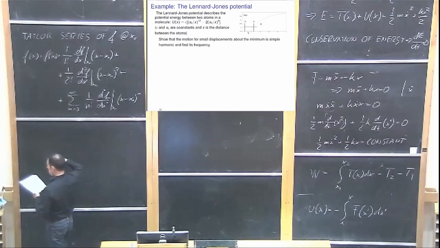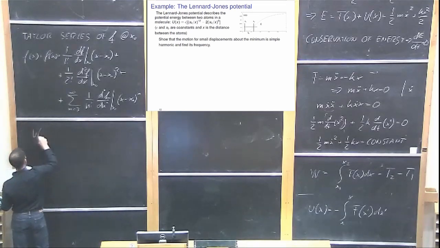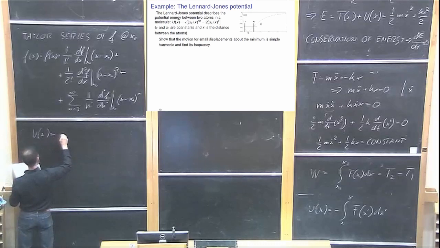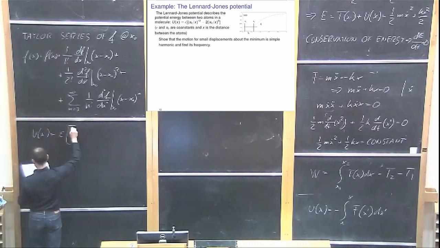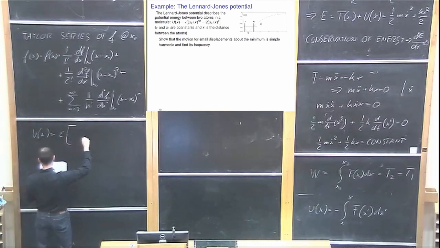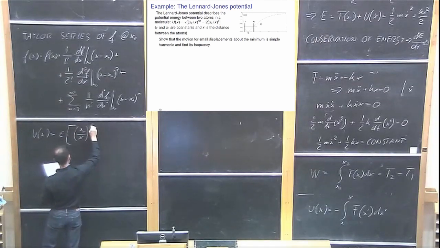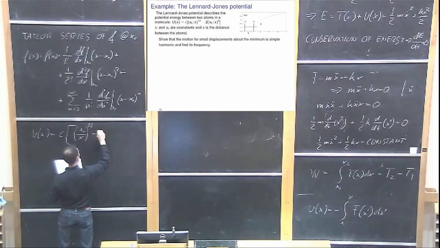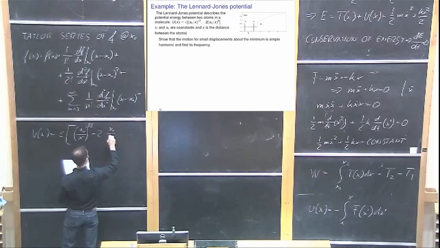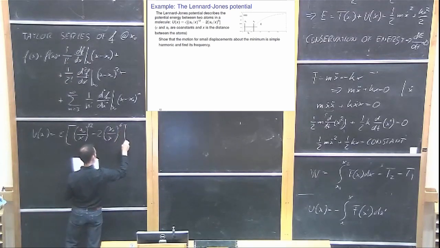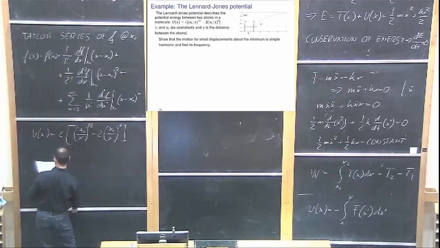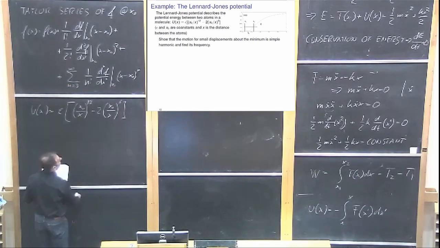So we have the potential U(x) equals epsilon, which is the strength of the interaction, times x naught over x to the 12th, minus 2 x naught over x to the 6th. And these are the terms.